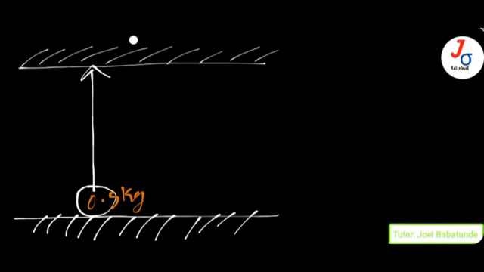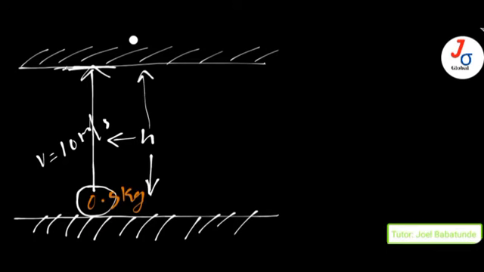Then it is thrown with a particular velocity, v equals 10 meters per second. Now the question is to find the potential energy at the greatest point, and then we are also asked to find the height.